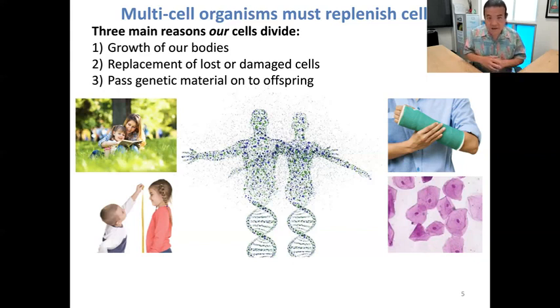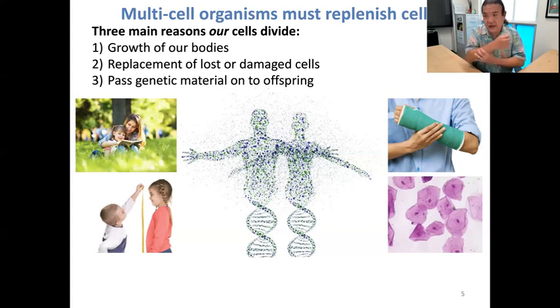And we do, in fact, lose many of those cells every single day. Just the physical act of eating something, rubbing against the inside of your mouth, is going to shed some of those epithelial cells. So the fact that our body is able to replenish those lost cells certainly involves cell division somehow.